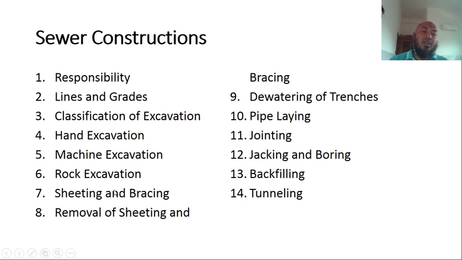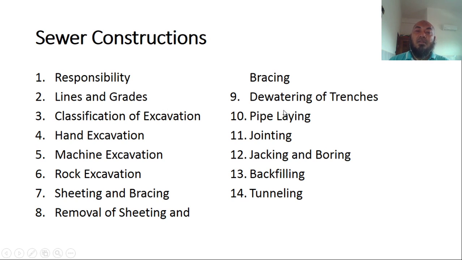What should be the method to do sheeting and bracing? We are going to discuss that. Then the removal of sheeting and bracing: after the construction, we need to remove all those sheet piles or timber sheets and timber braces, etc. What are the methods to remove all of it?